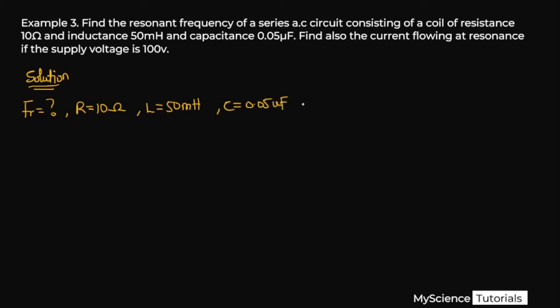The question is also asking us to find the current flowing at resonance if the voltage supply is 100 volts.